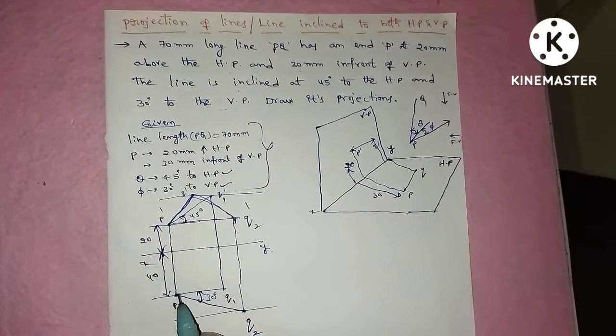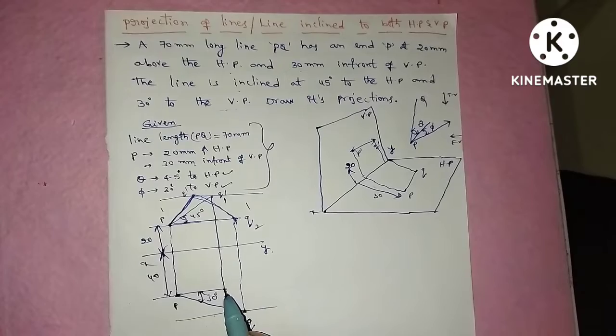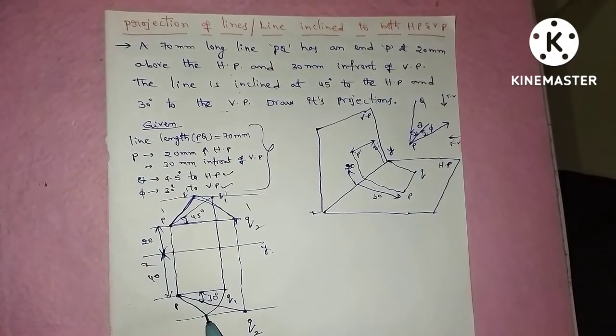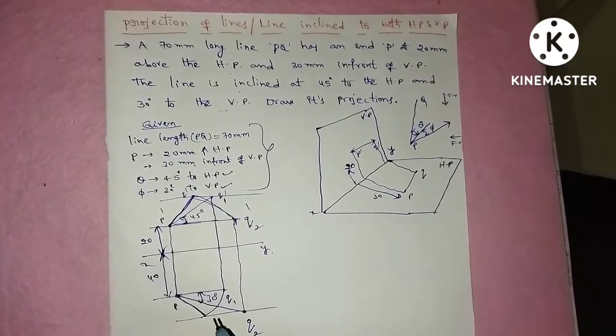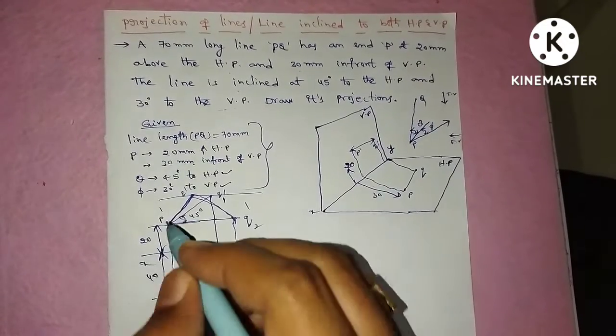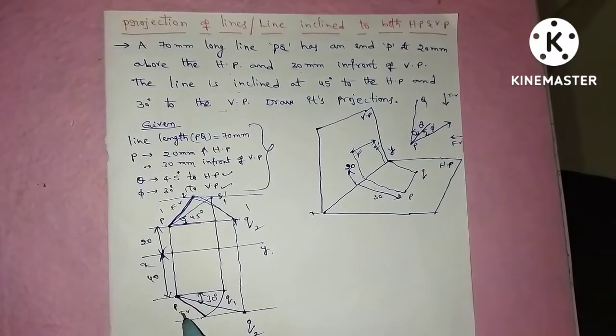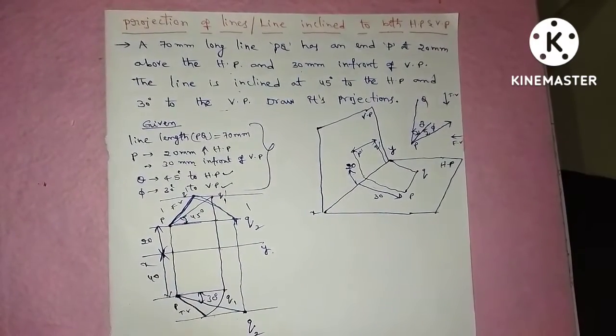Next draw an arc from P with radius PQ1 to the locus of Q2. So PQ is the final top view. So P dash Q dash is the front view and PQ is the top view. So this is the solution for a line when it is inclined to both HP and VP.